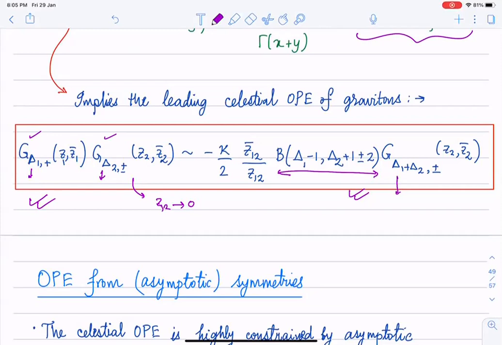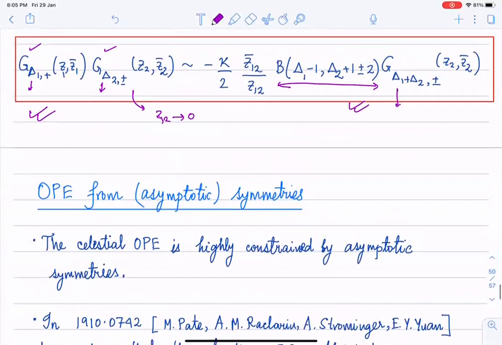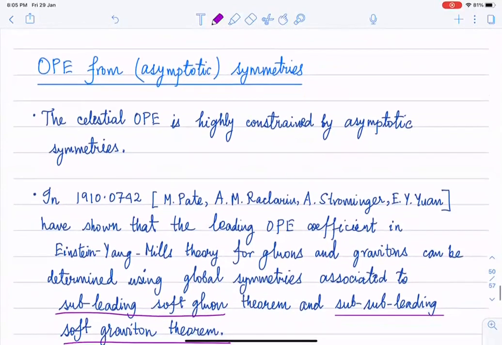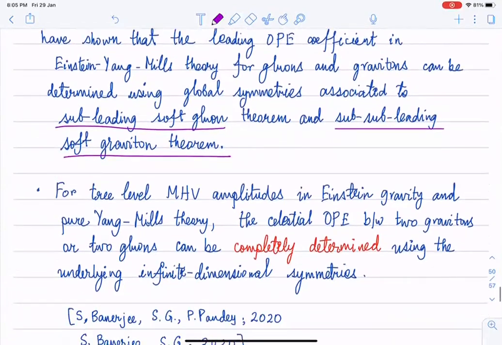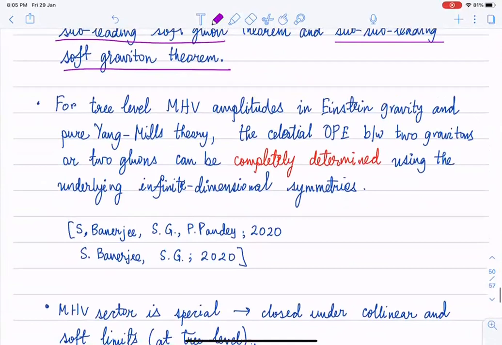Therefore it is important to understand what the subleading terms look like and how the symmetries dictate their structure. We tried to study that problem, and what we found is that in certain cases, for example in a very special case, which is the case of tree-level MHV graviton scattering amplitudes.